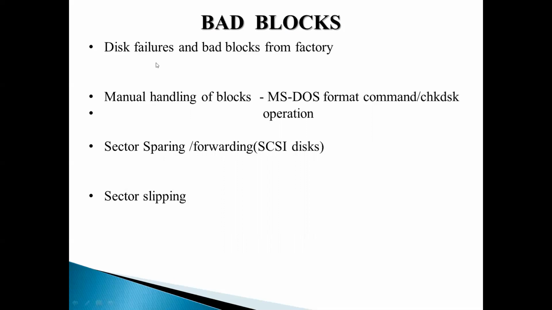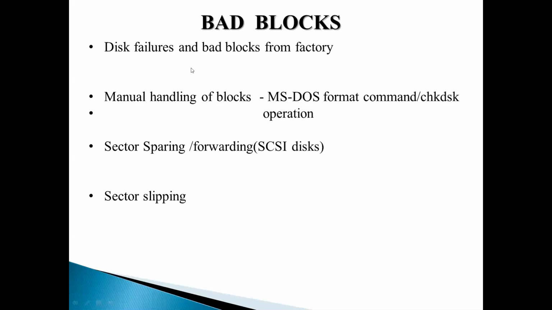When it has moving parts and small tolerance, it may be subject to failures. And sometimes, when the hard disk is manufactured at the factory, as part of the manufacturing process itself there will be a lot of bad blocks. So these are some of the reasons for bad blocks to exist.